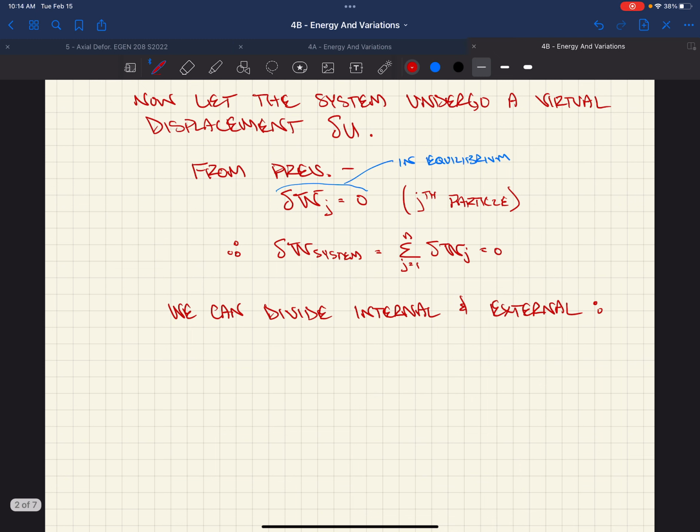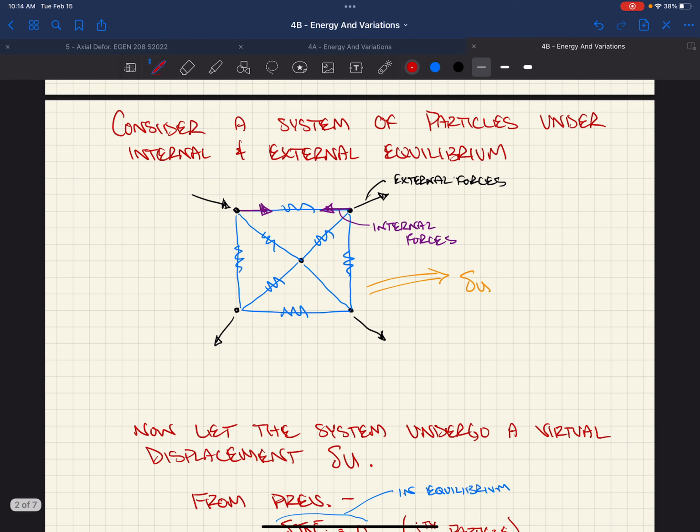So we can separate this out. This is all of the work done. As we can tell here with our system, the springs, the interconnection between our particles, there's forces associated with that. And then there's external forces associated with externally applied loads and things.